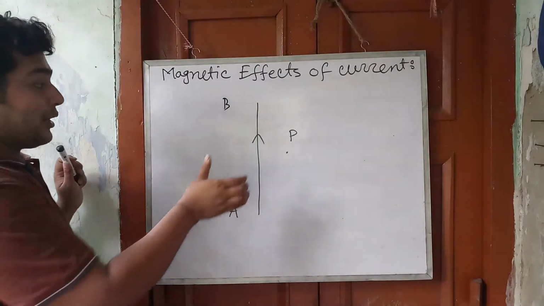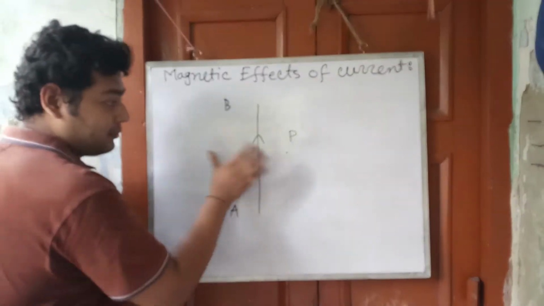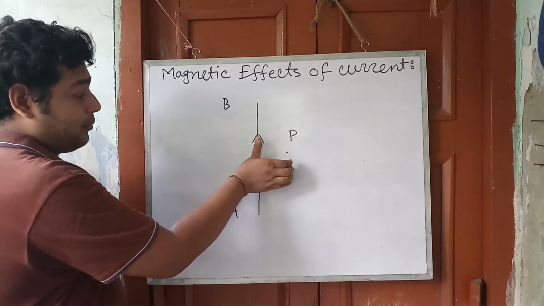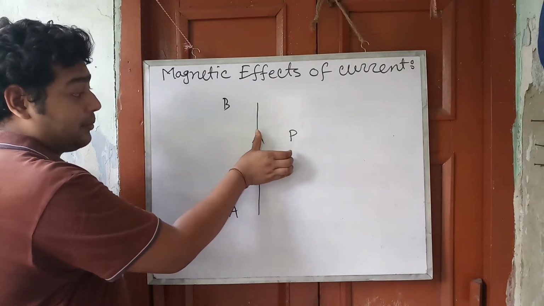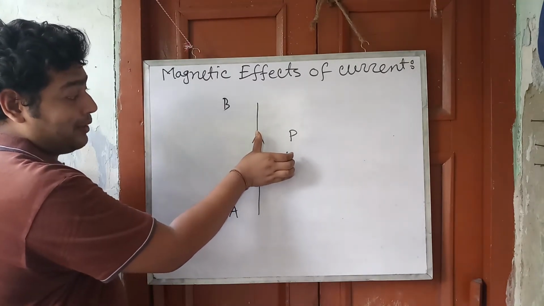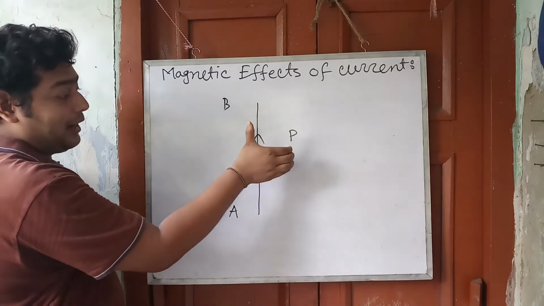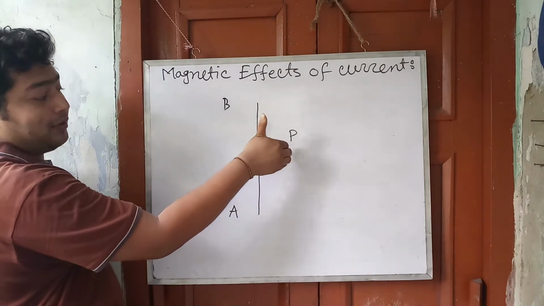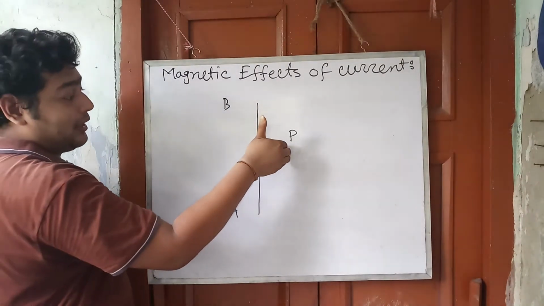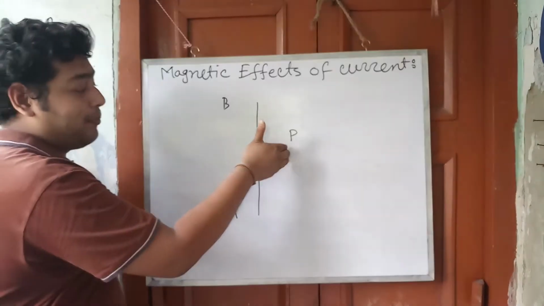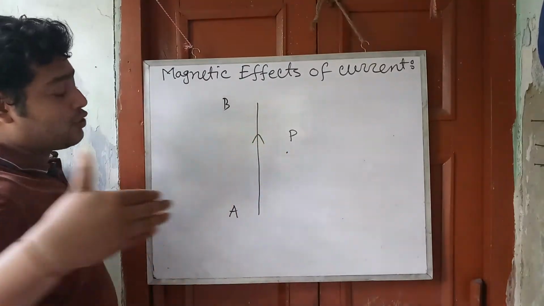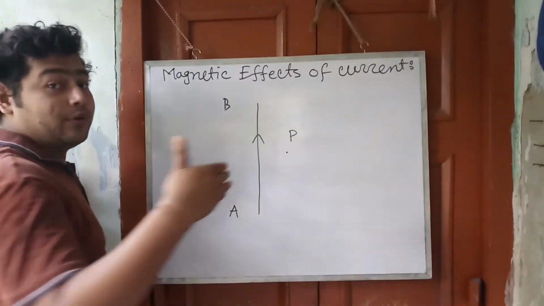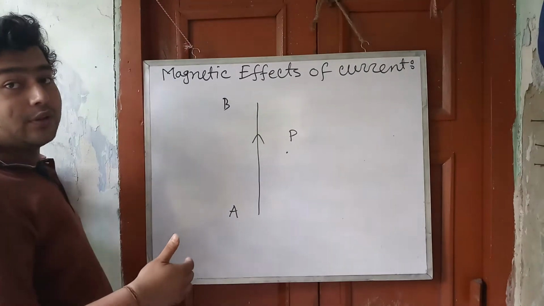Okay, look at the board. We place our thumb in the direction of current, and according to the direction of the other fingers we see that the direction of the magnetic field at this point is into the board.